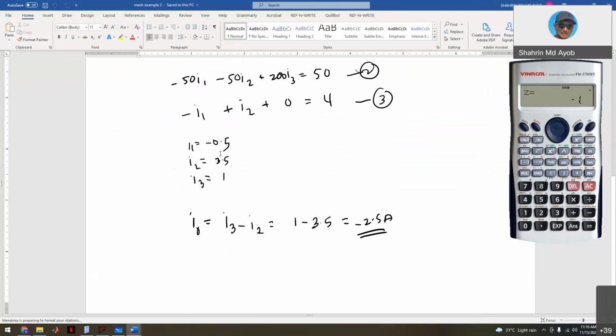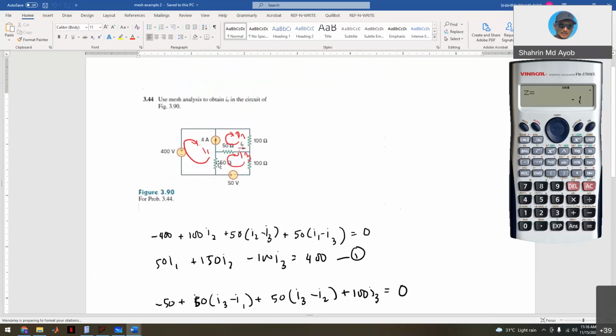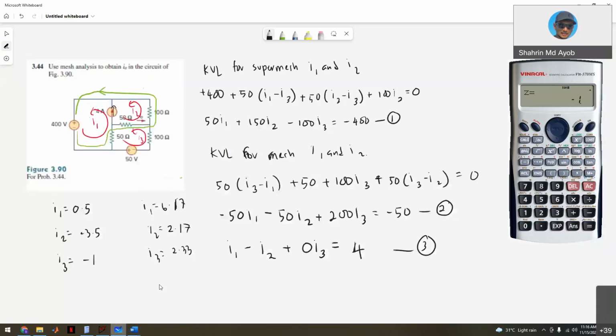You have the same magnitude but opposite sign. This is when we use clockwise. So maybe you miscalculated or you entered the value wrongly in the calculator. As you can see, I got the same values, but only the sign is opposite.